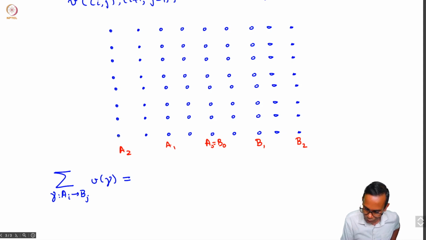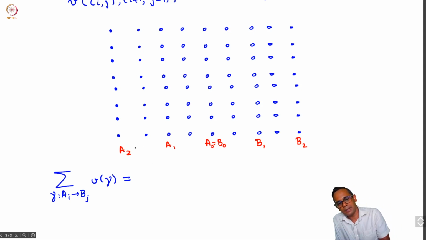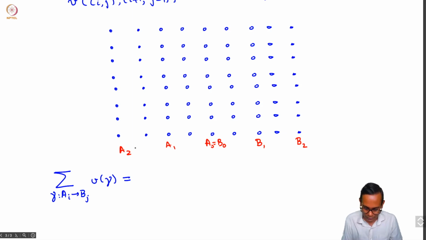So for example, a path from A2 to B1 is going to have length 1, 2, 3, 4, 5, 6, which is 2 times (2 plus 1). So it's just a Dyck path which always stays above the x-axis, has northeast and southeast steps, starts on the x-axis and ends at the x-axis, and has length 2 times (i plus j). So this is just the Catalan number C_{i+j}.